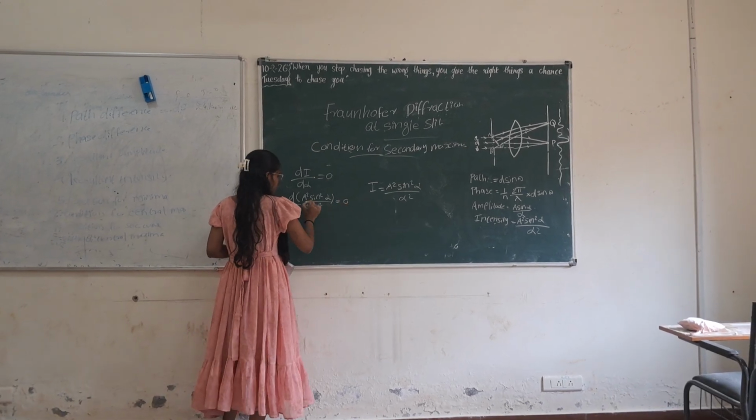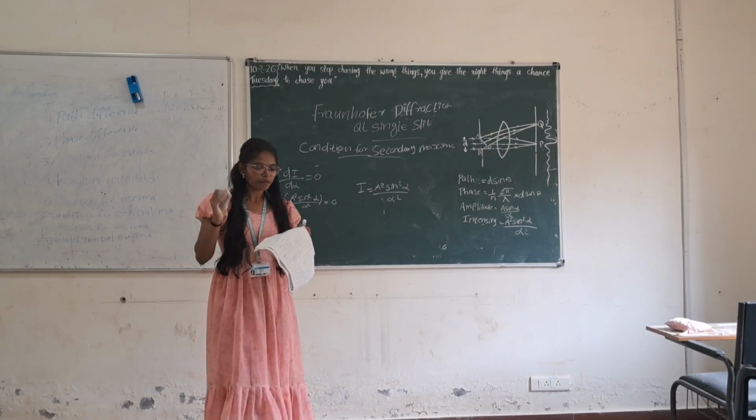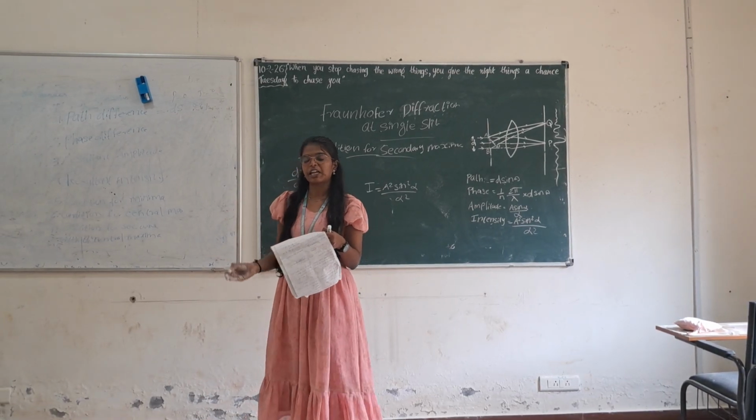And apply the quotient rule. The quotient rule is denominator into derivative of numerator minus numerator into derivative of denominator.